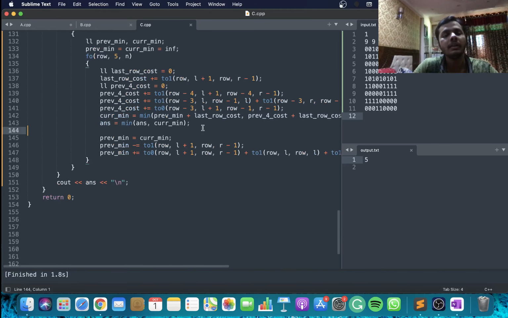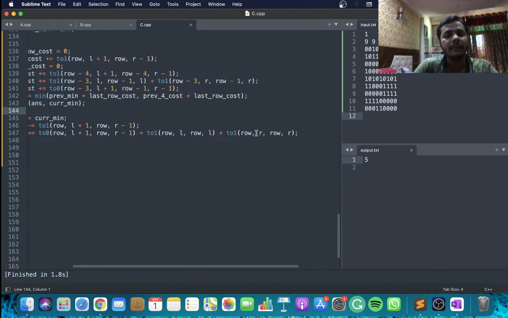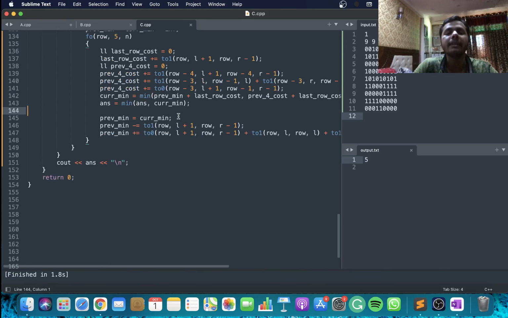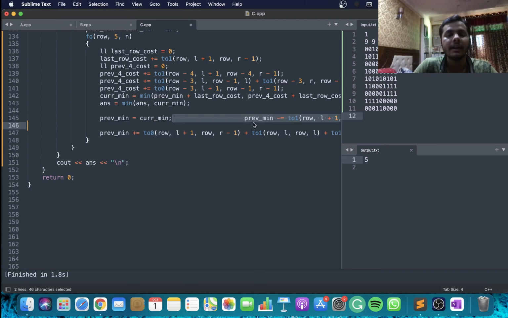So that is done. And now we'll modify dp of I minus 1 as I told you, right? In dp of I minus 1, the last row is considered to be all black except the first and the last cells. So firstly, I'll subtract the cost to convert everything to all black, and this is the line which is doing that.